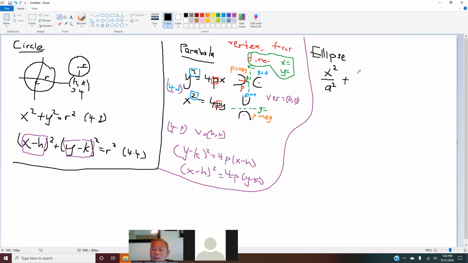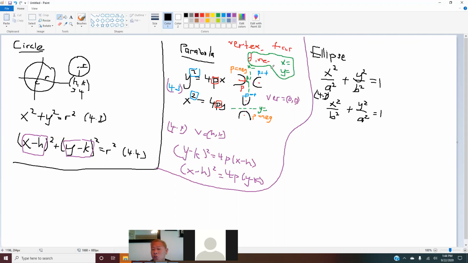The formula is this: x squared over a squared plus y squared over b squared equals 1. That has to always equal 1. Or it can be x squared over b squared plus y squared over a squared equals 1. So these two are for 4.3.